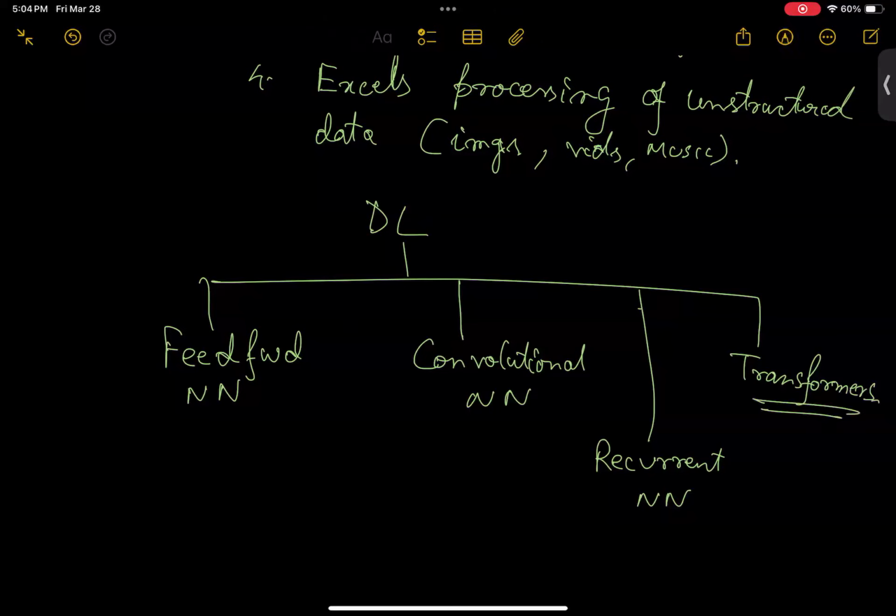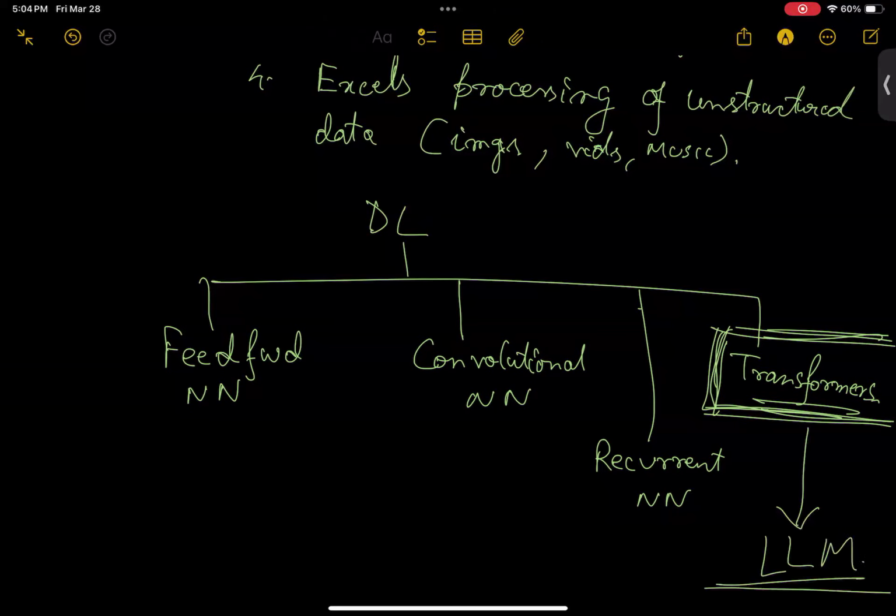What are these things? If time permits, we'll go into them. But this one over here is where your LLM starts. Large language models start with the transformers.